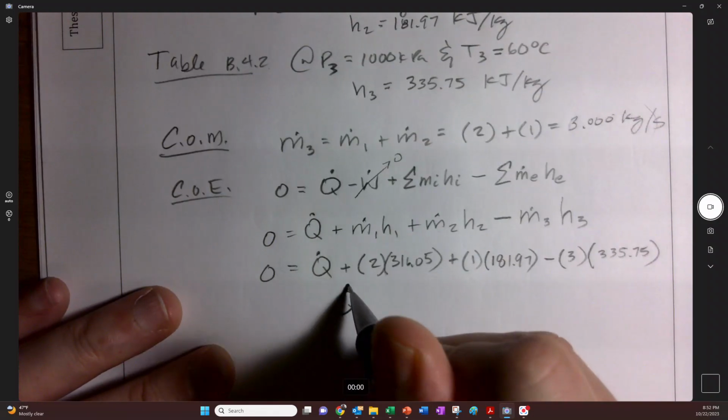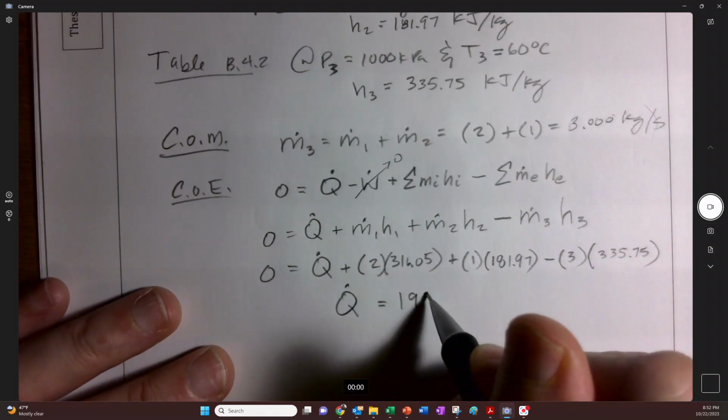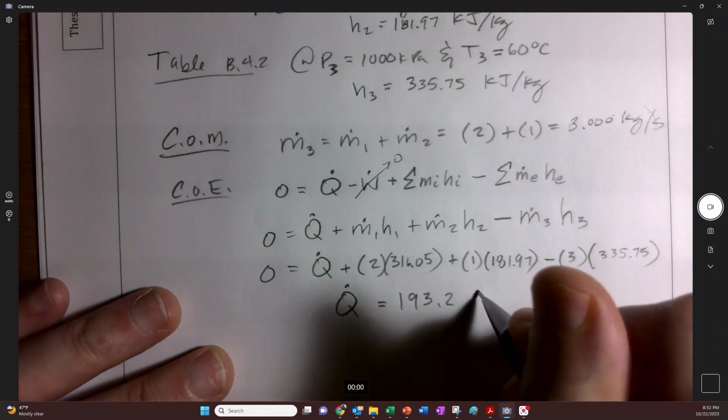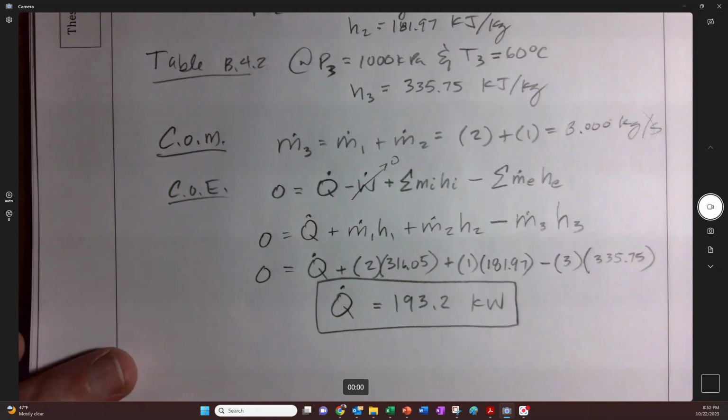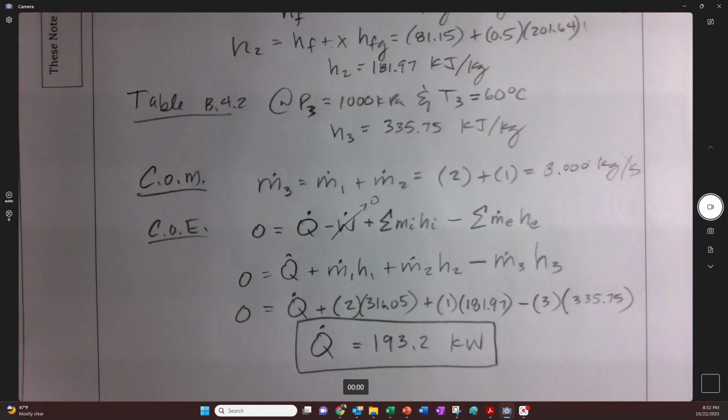We get a Q dot of 193.2 kilowatts has to be added to this in order for this outcome to take place.